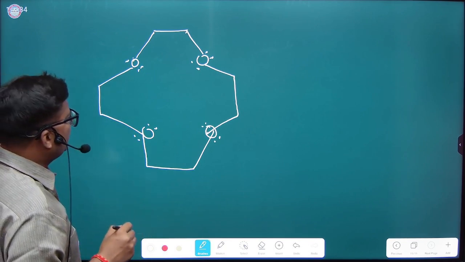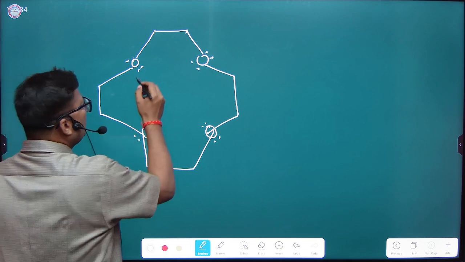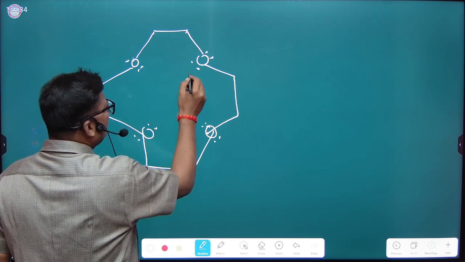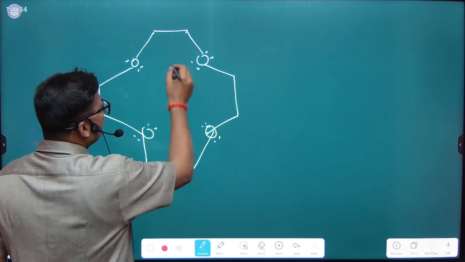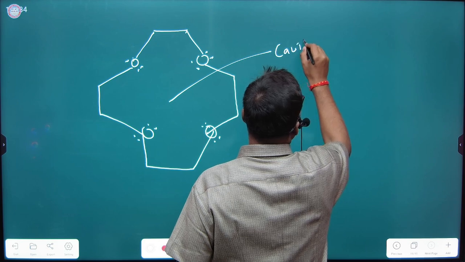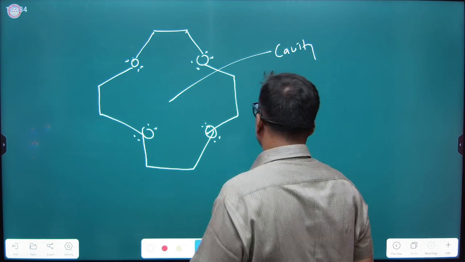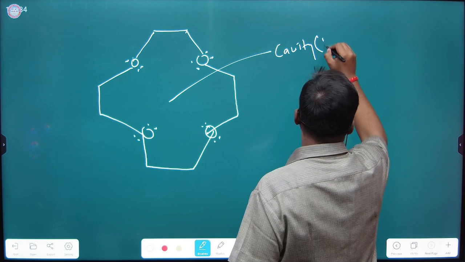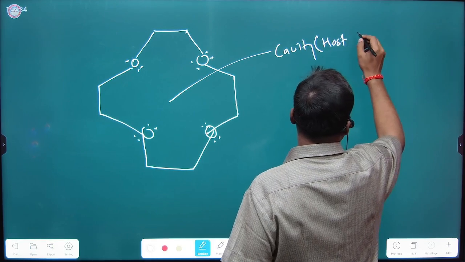And because of the presence of electron density in this cavity, this is what we call the cavity, or host.